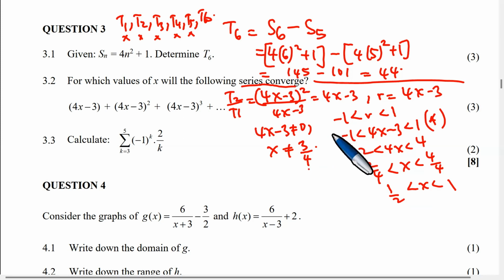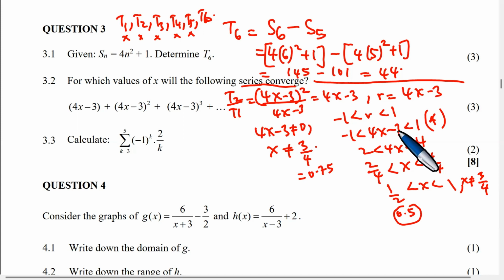This is approximately 0.75, which is a number between 0.5 and 1. But x is not 3/4, because if you put x equal to 3/4 here, the 4 cancels, and you have 3 minus 3, which is 0.